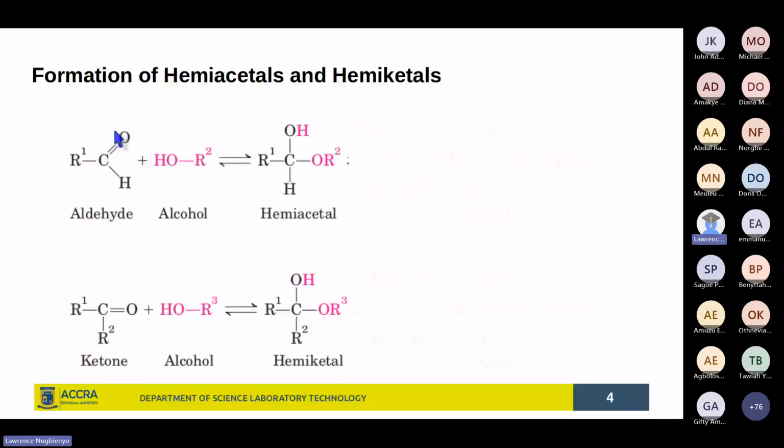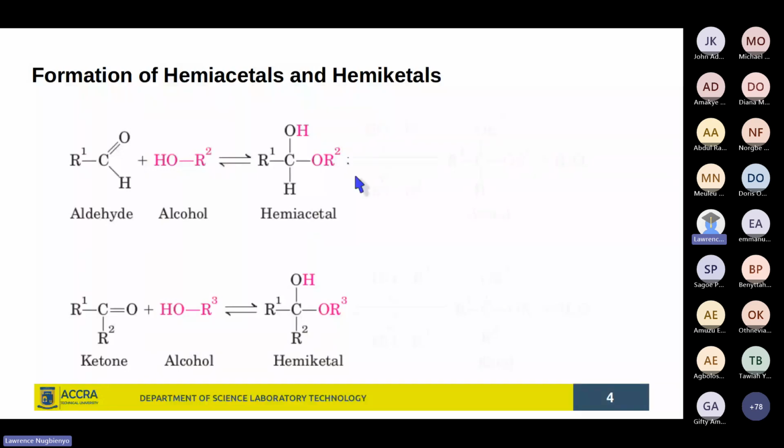So this carbon double bond O now becomes an OH, a hydroxyl group, which means we are left with the oxygen and the rest of the chain of that alcohol. So this OR2 now binds onto the same carbon there. And that is a hemiacetal.